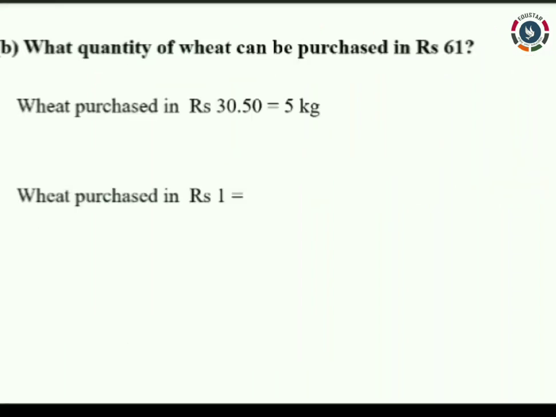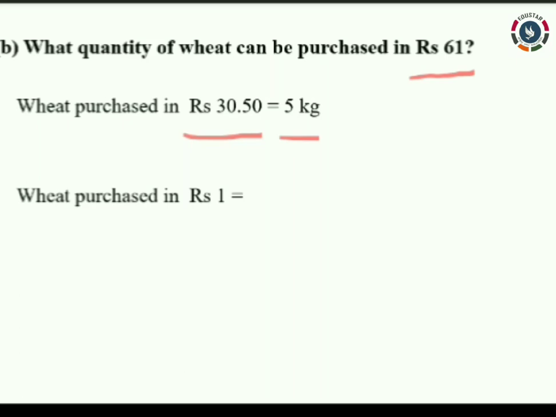Next, what quantity of wheat can be purchased for rupees 61? First you have to write the given data. For 30 rupees and 50 paise you have purchased 5 kg of wheat, right? Now you have to find the wheat purchased for 61 rupees.